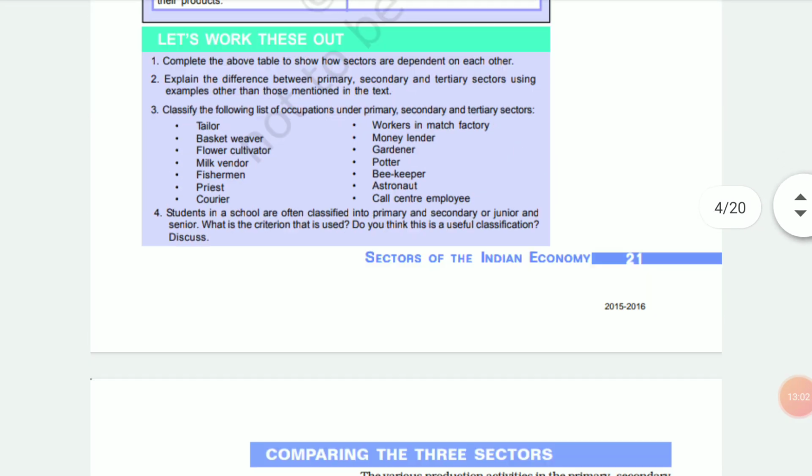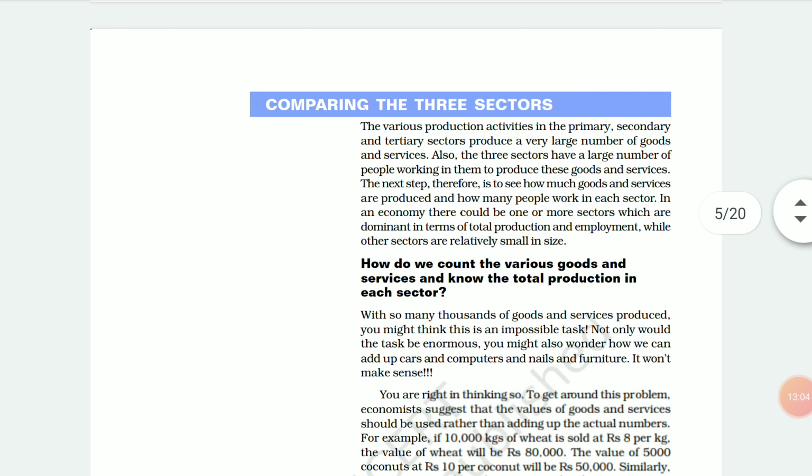Okay, now the various production activity in primary, secondary and tertiary sector produce a very large number of goods and services. Also, the three sectors have a large number of people working in them to produce these goods and services. So, it's not that primary is more important or secondary is more important or tertiary is less important.